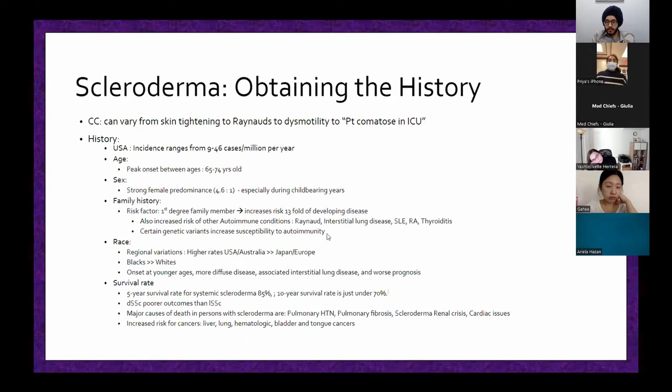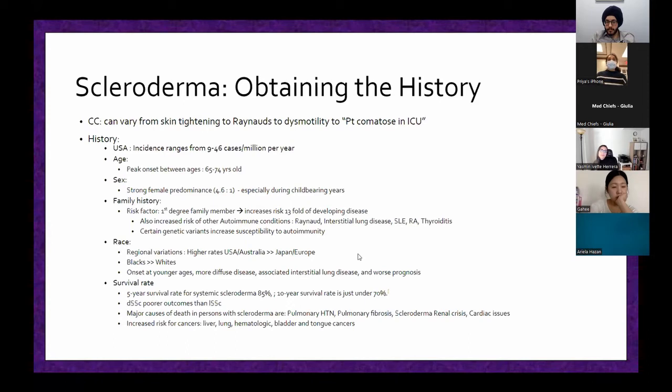And all of these sort of fall on certain gene loci as well, which is being investigated. Certain races are higher risk of developing scleroderma, more Caucasians, USA or Australia compared to Japan and Europe, and Blacks more than whites, classically reported in the literature.